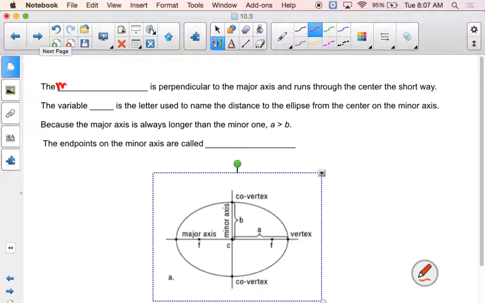The minor axis, because it's smaller, is perpendicular to your major, and it runs through the center the short way. So this is going to be my minor because it's shorter than the major, okay? It's used with b. So b is your distance on the minor from the endpoint to the center, and the endpoints are called your covertices.